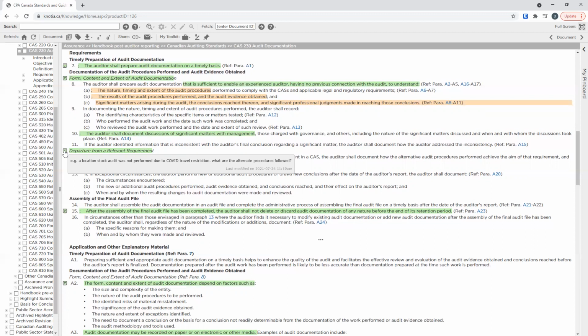But if it is a material stock value at a certain location, the usual procedure is to go and do the stock audit. In this case, this is a departure from the relevant requirements; you departed from your standard audit plan. So what are the alternate procedures that were followed? How did you verify that the value is correct?